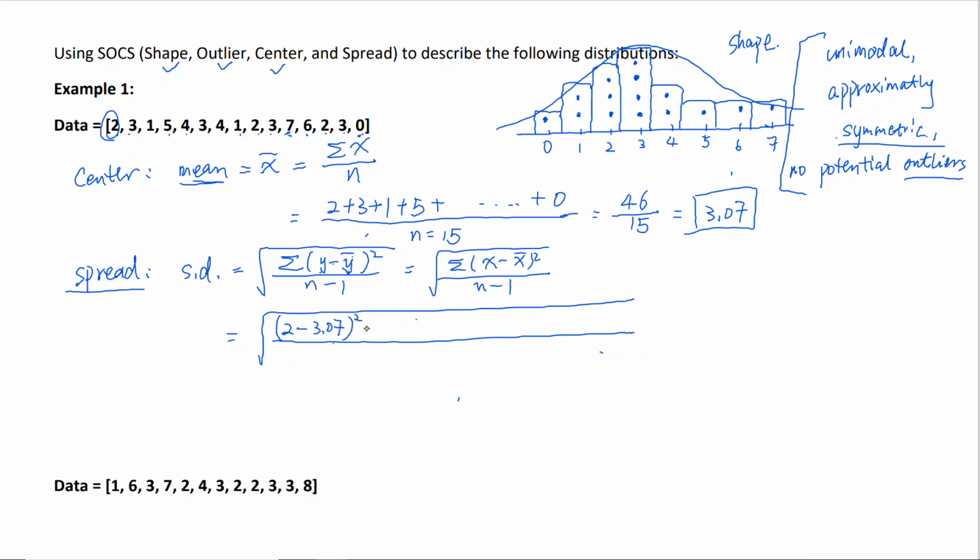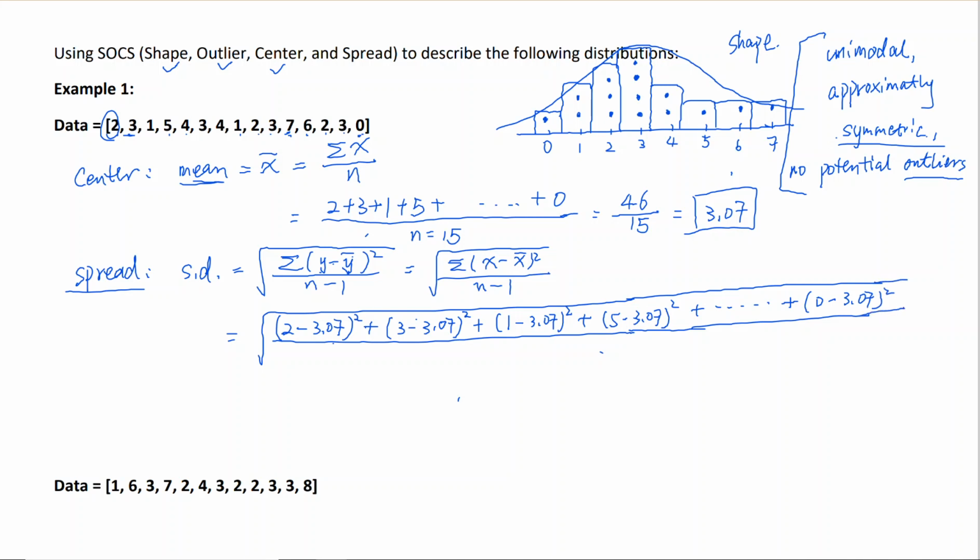We have the summation sign, so we need to add every term. Next one, we have this 3 in the data, so you have 3 minus 3.07, which is the mean, squared, and then next one will be 1 minus 3.07 squared, and then 5 minus 3.07 squared, and so on, until the last one will be 0 minus 3.07 squared.